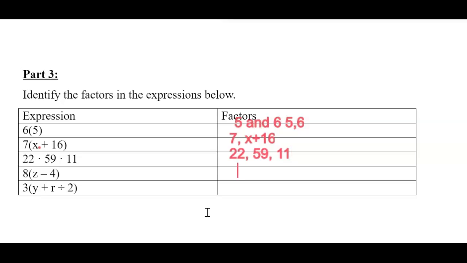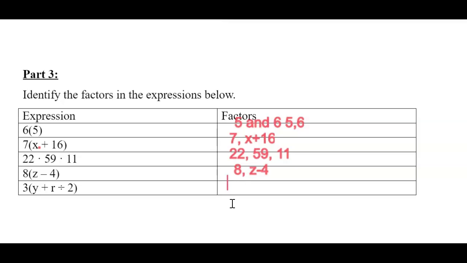All right, for the algebraic expression, 8 parentheses z minus 4. The factors would be 8, comma, z minus 4. You're multiplying 8 by z minus 4 since they are in parentheses there. This is one factor.